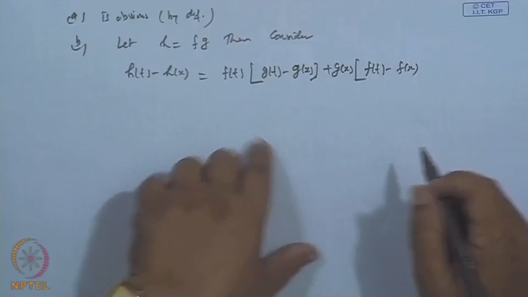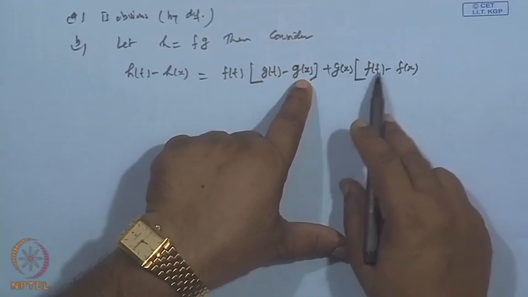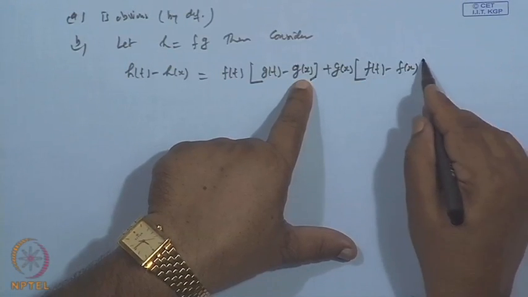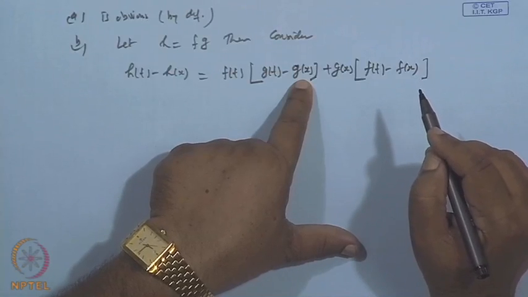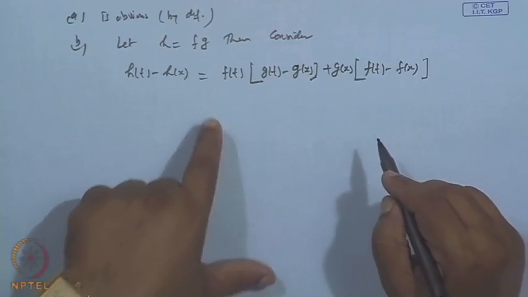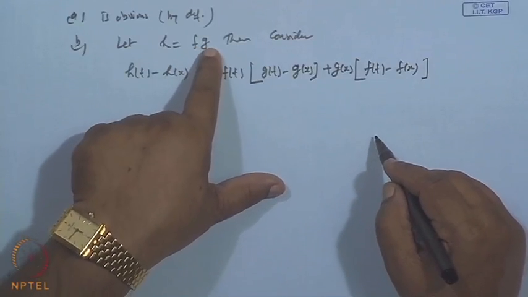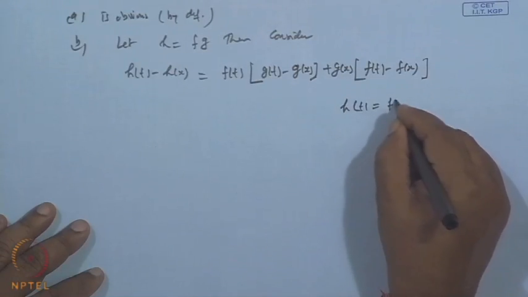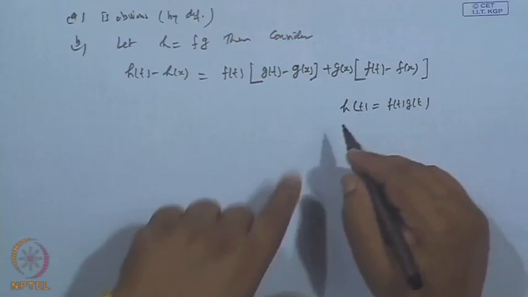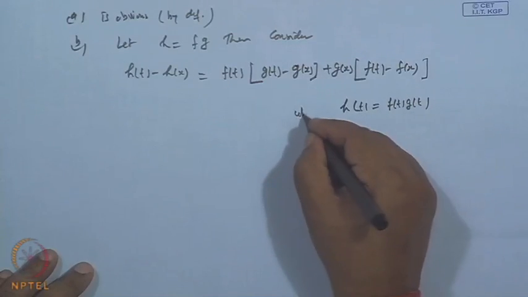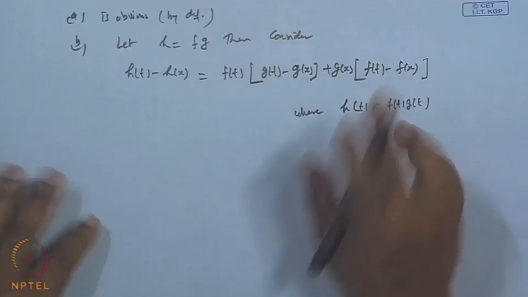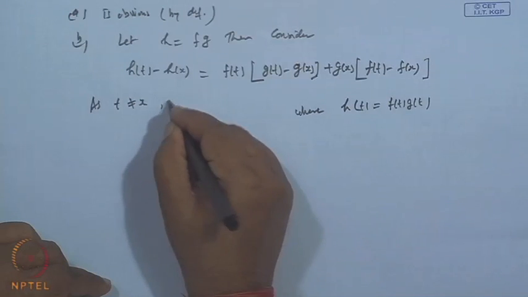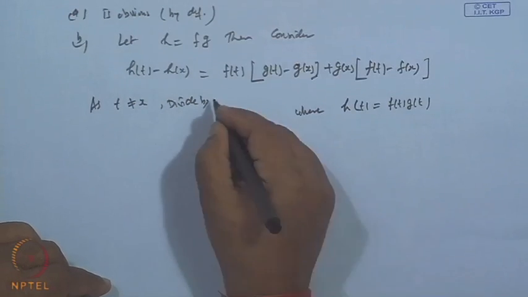Now you see that f(t)g(x) is subtracted and added, so this will be 0, and the rest balances. Here h(t) means f(t)g(t), and h(x) means f(x)g(x). Now divide by t - x, as t is different from x.